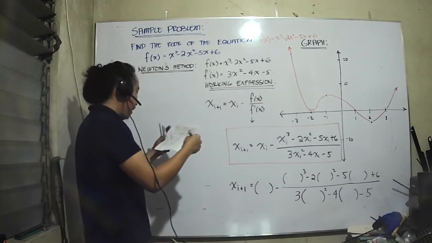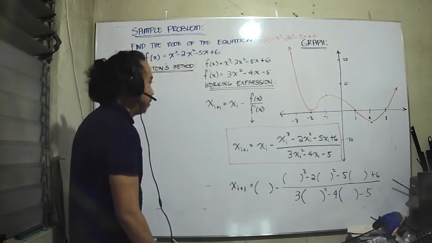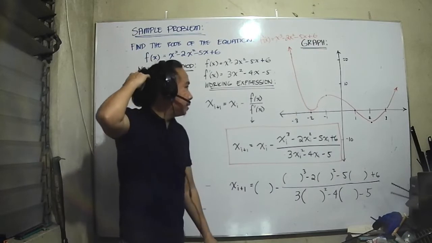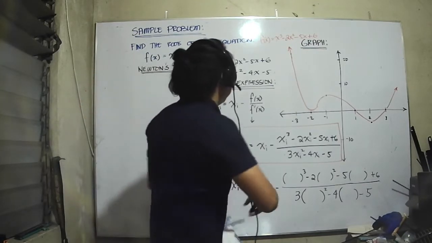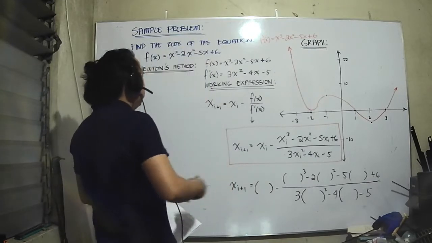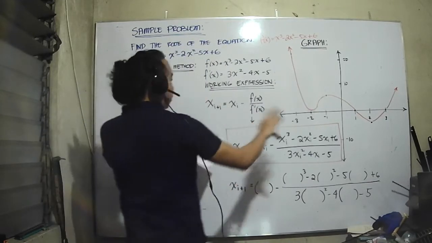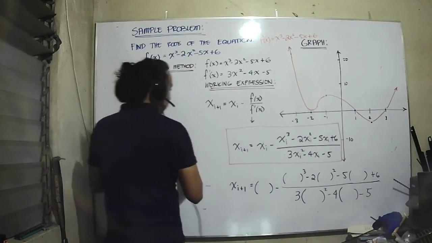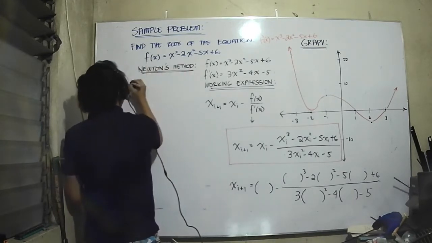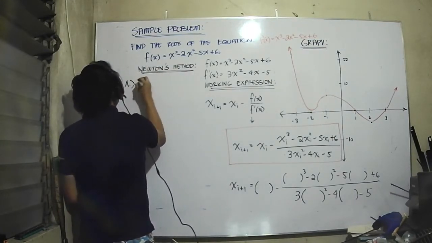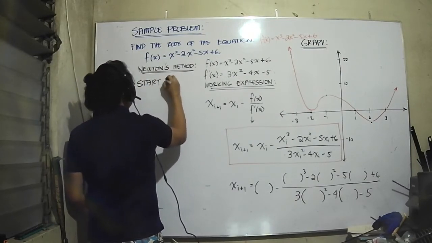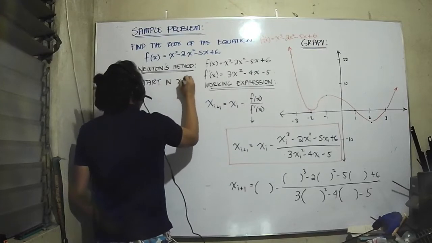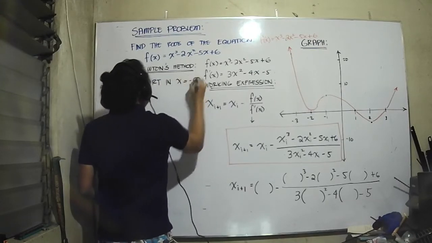We're basically dealing with 3 roots, so we have 3 answers. Assuming we do not know the roots, a good tactic is to start from x equal to negative infinity.